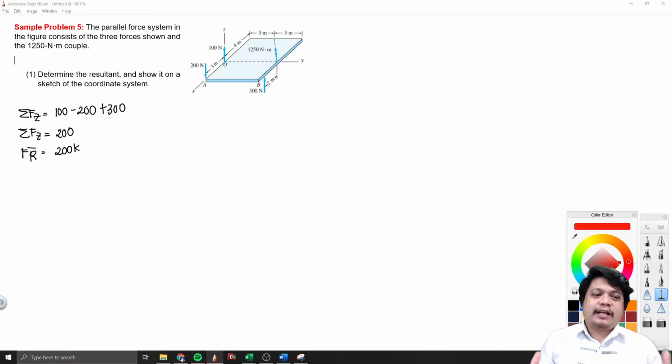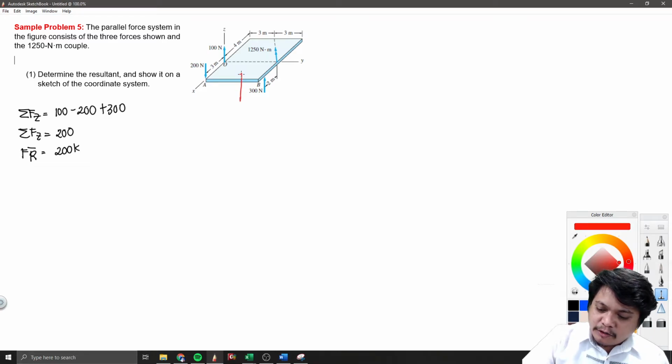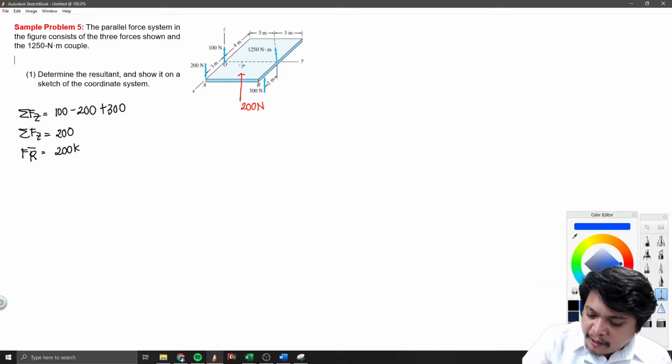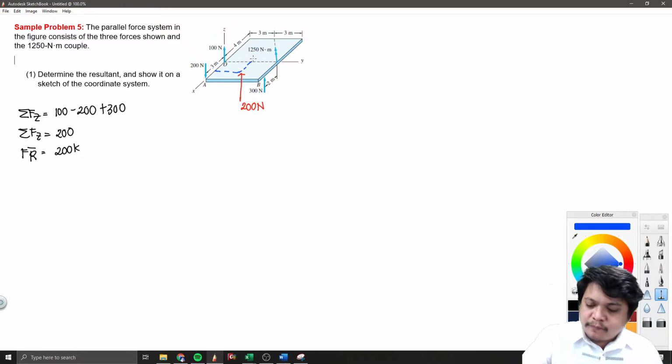point. Okay, ilolocate natin kung nasaan yung point na yun. Hindi ko alam, pero let's say, ito yung aking 200 Newton.